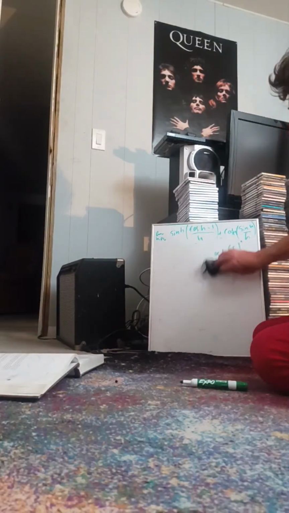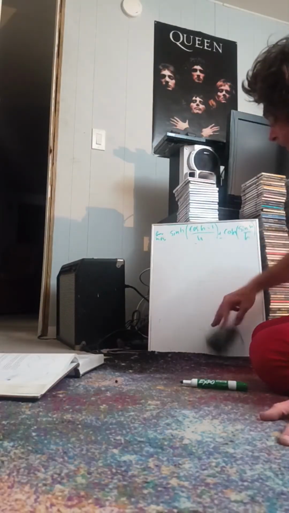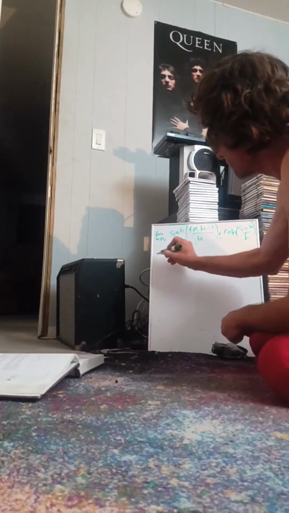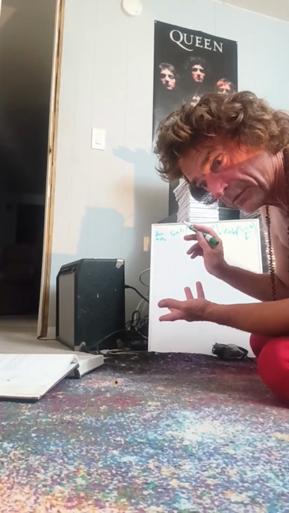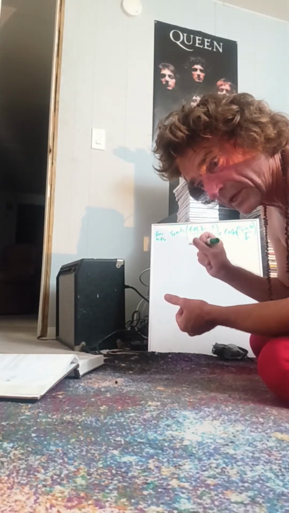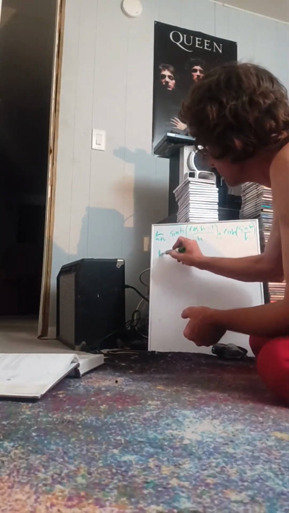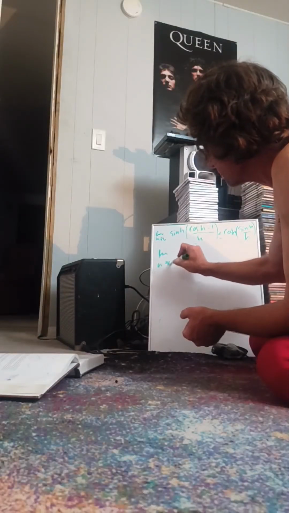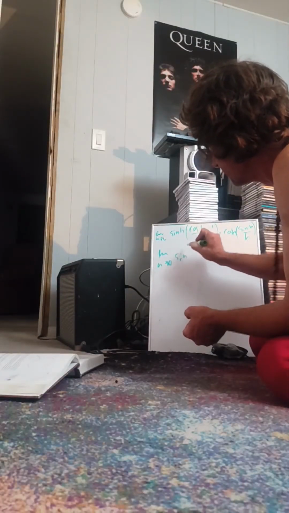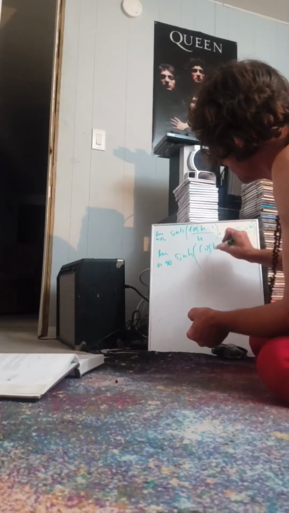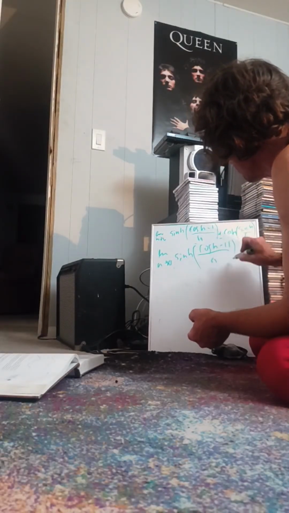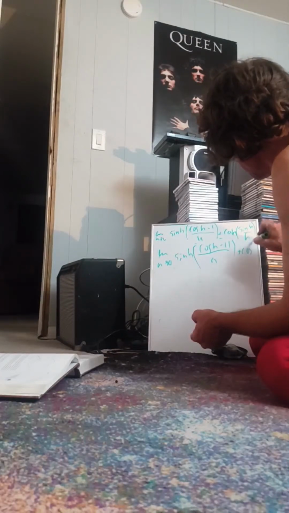So now we have that the derivative of sine theta is the limit as h approaches 0 of sine h times cosine h minus 1 all over h plus cosine h.